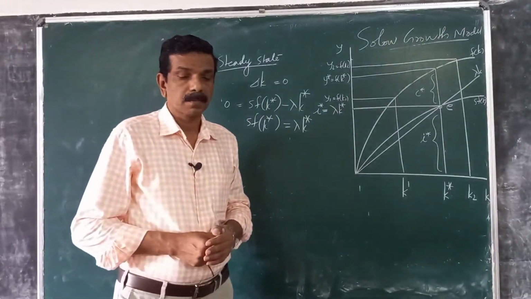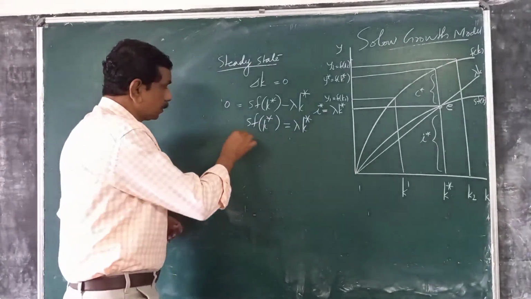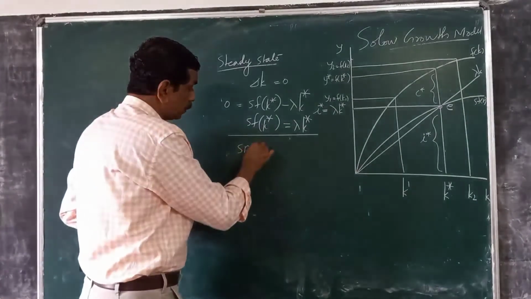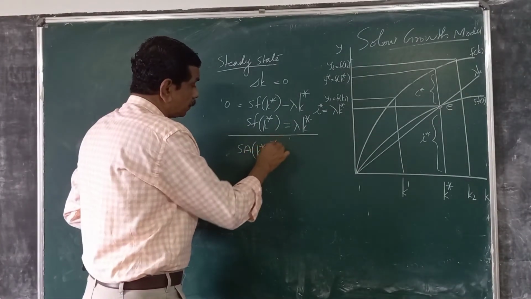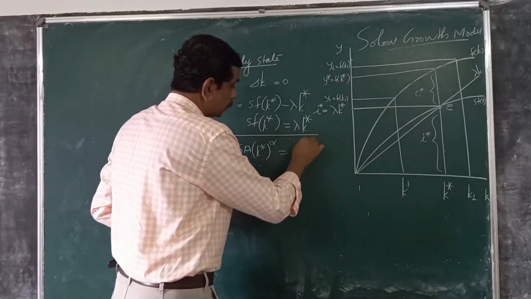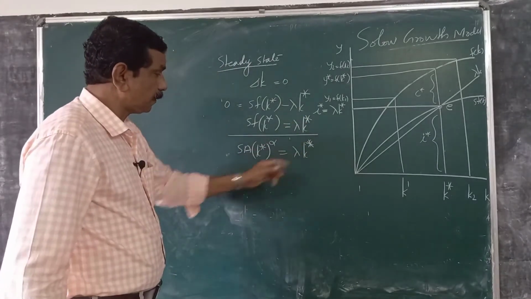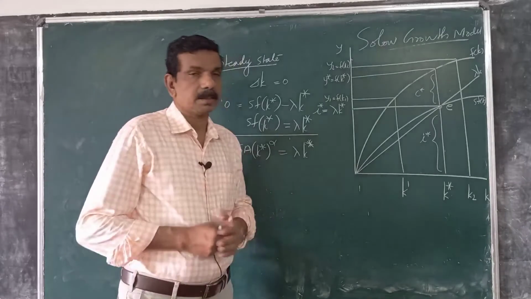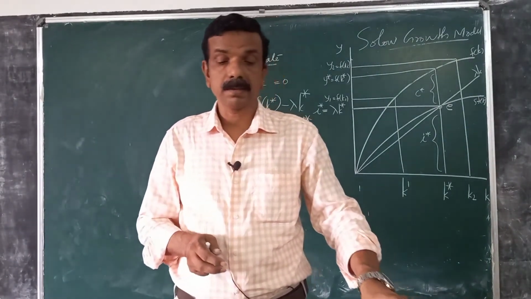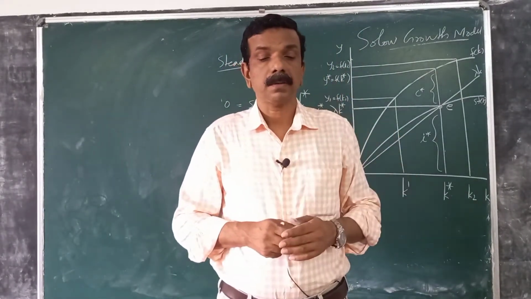Now, using the Cobb-Douglas production function, this can also be written as S a k star raised to alpha is equal to lambda k star. So steady state is the point where K by L is a constant. The capital labor ratio neither increases nor decreases.